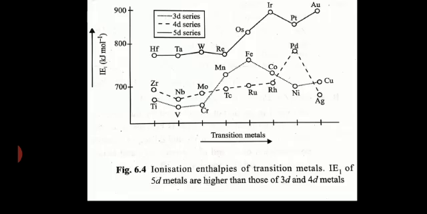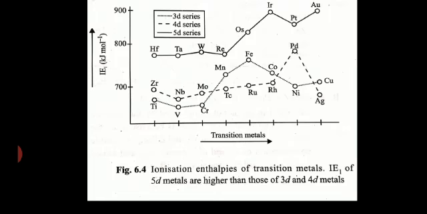Where there are fully filled subshells, ionization enthalpy is more. Where there are half filled or partially filled subshells, ionization enthalpy is quite less. So the increase is not gradual. It is irregular, as you can see in the graph.